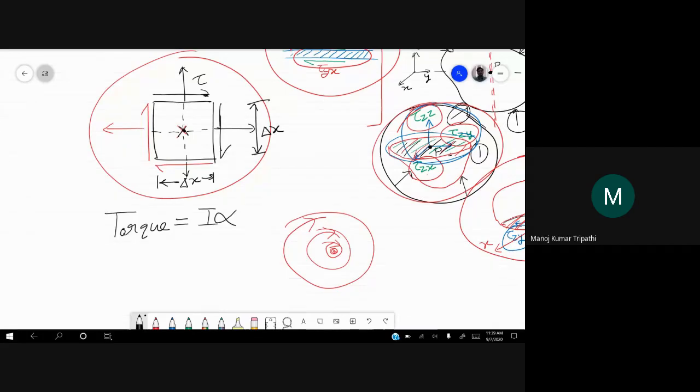This is tau, this is tau yx, this is y. Can you write it and see what you get?